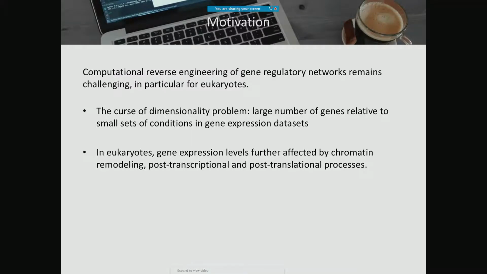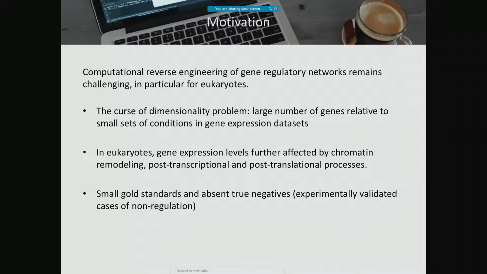And then a whole different set of problems when we go from prokaryotes to eukaryotes, that we find that gene regulation is also controlled by other factors that are not particularly captured in gene expression data, and this data might be available, might not be available, or might be partially available, so not necessarily genome-wide.